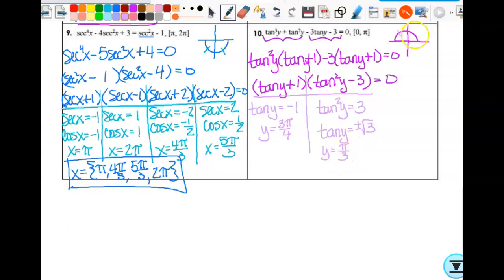So I need my first quadrant pi thirds angle, which is pi thirds, and my second one, which is 2 pi thirds. Then I put it all together in order. So I'm going to start with pi thirds. What comes next? 2 pi thirds, and then 3 pi fourths.